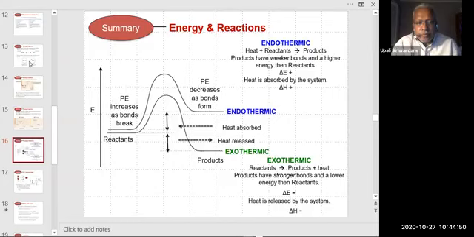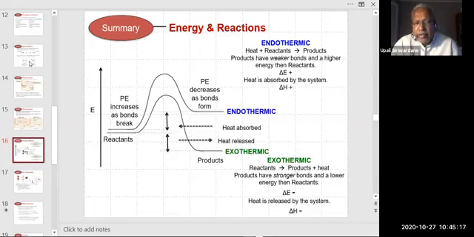For the endothermic reaction, products have higher potential energy. Therefore, heat is absorbed going from reactants to products. On the second reaction, the exothermic reaction, reactants have higher energy than the products, therefore energy is released.